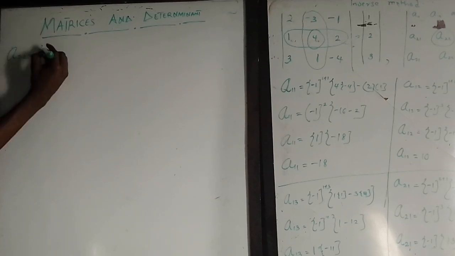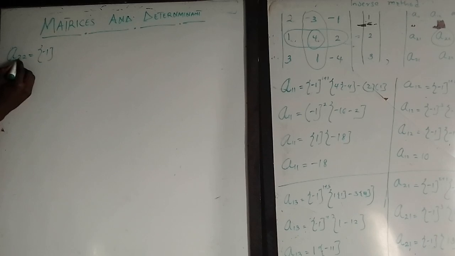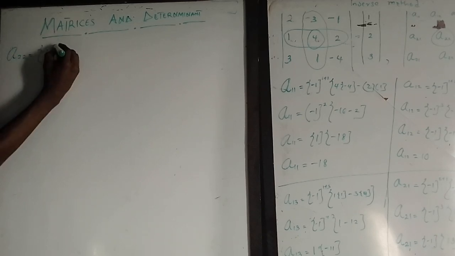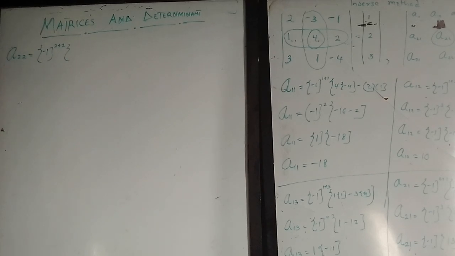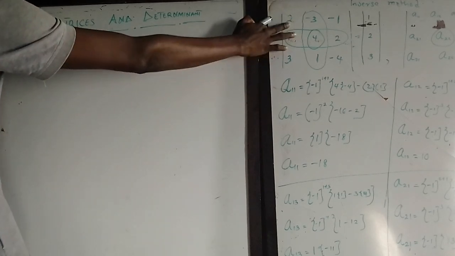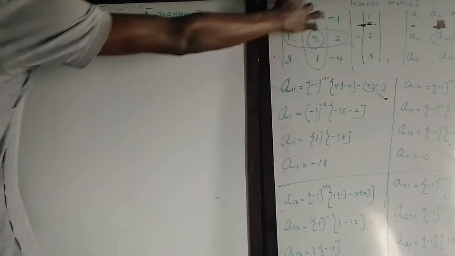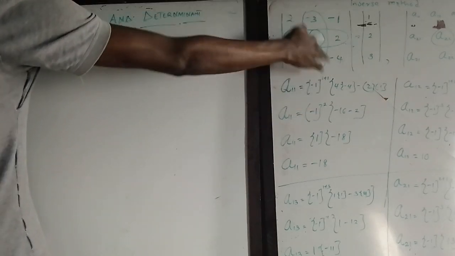Constant. So you are going to say minus 1, then you repeat your A22, you are going to have 2 plus 2, open bracket. So in this A22, here is blank, we are not using this place, we are not using this row, and we are not using this column.